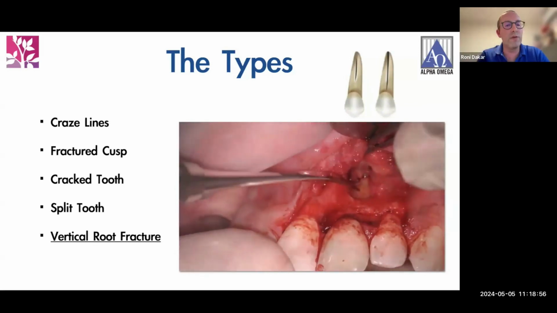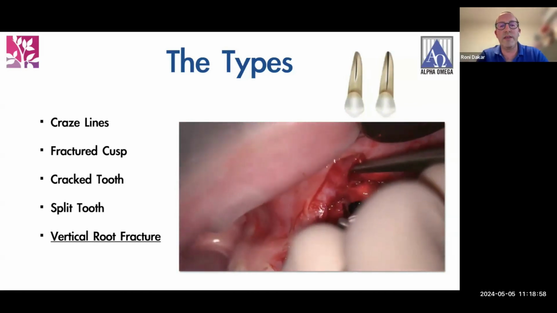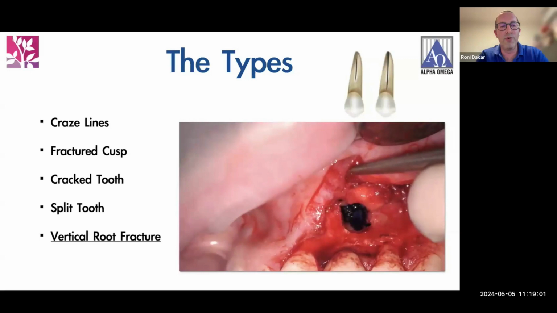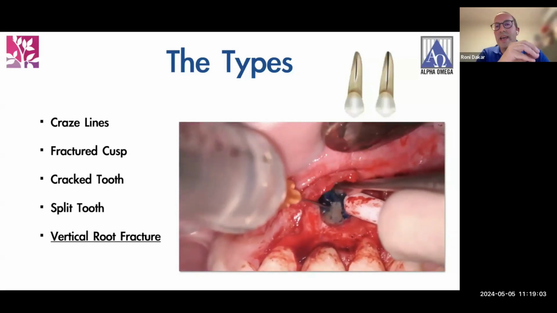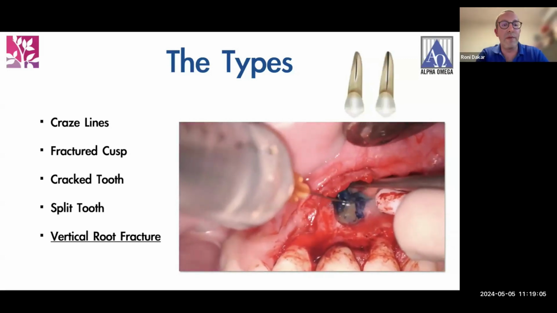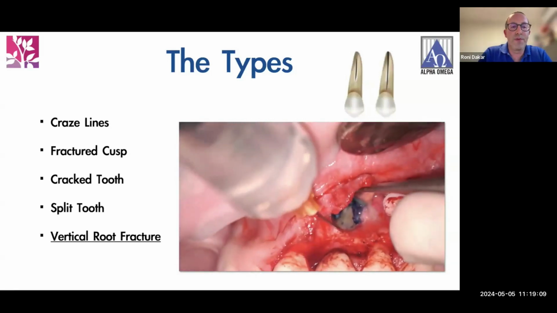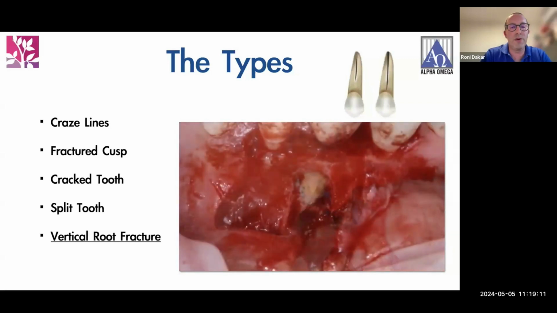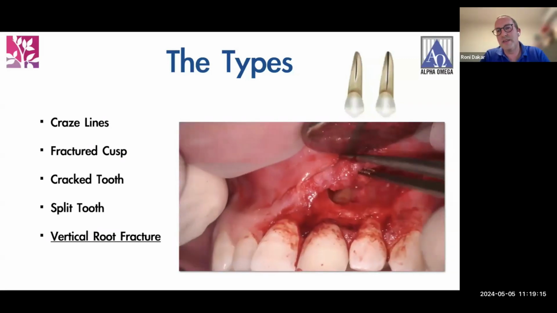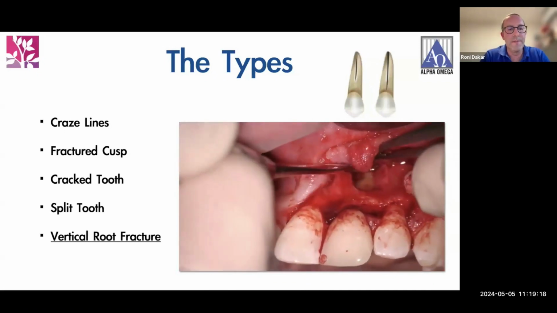For example, a common starting point that is not the root tip is the end of the post. And when we see the cortical lesion from the end of the post to the marginal bone, then we also suspect a vertical root fracture.